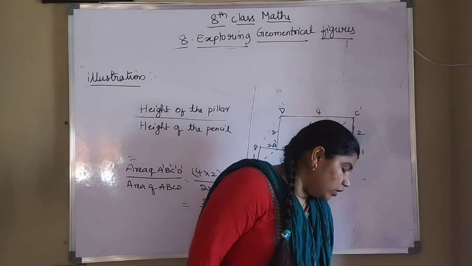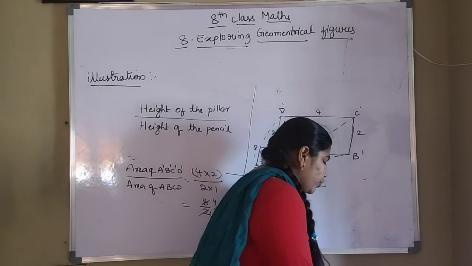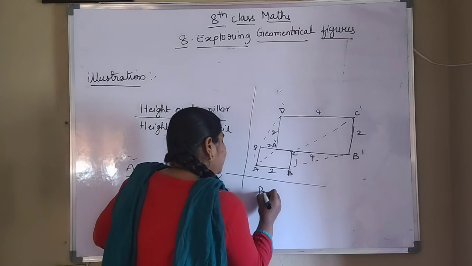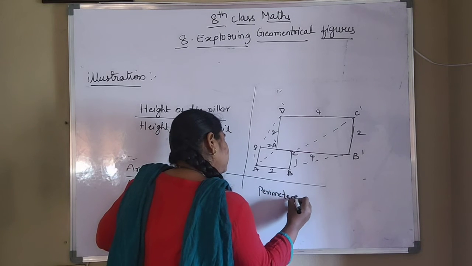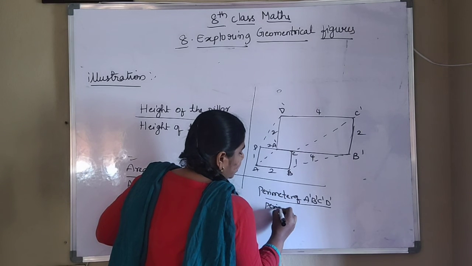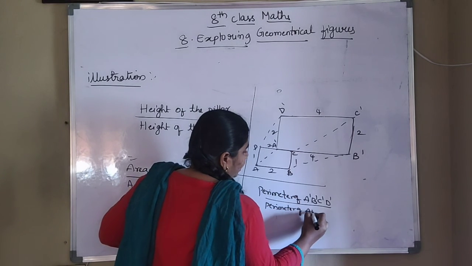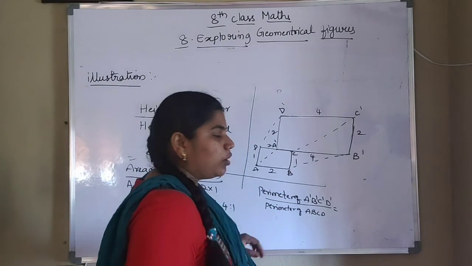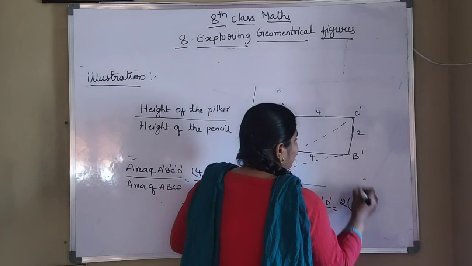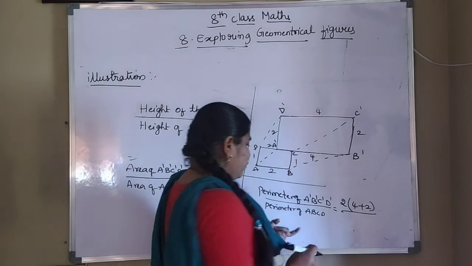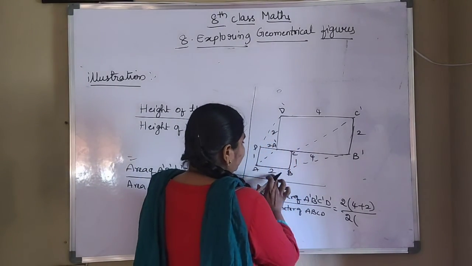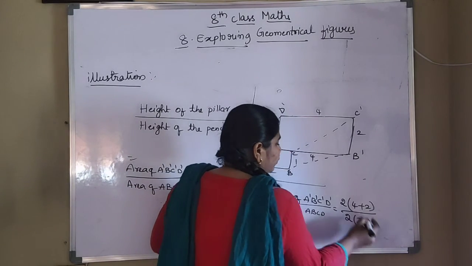Now we have to find it for perimeter also. What do you mean by perimeter of a rectangle? Perimeter is 2 into L plus B. So perimeter of A dash B dash C dash D dash by perimeter of A, B, C, D. The perimeter formula is 2 into L plus B. 2 into length value 4 plus breadth value 2, by, again for this also, perimeter is 2 into L plus B. Length value is 2 plus breadth value is 1.